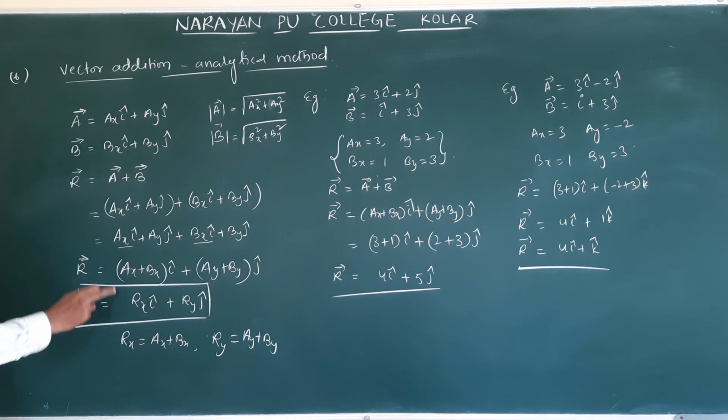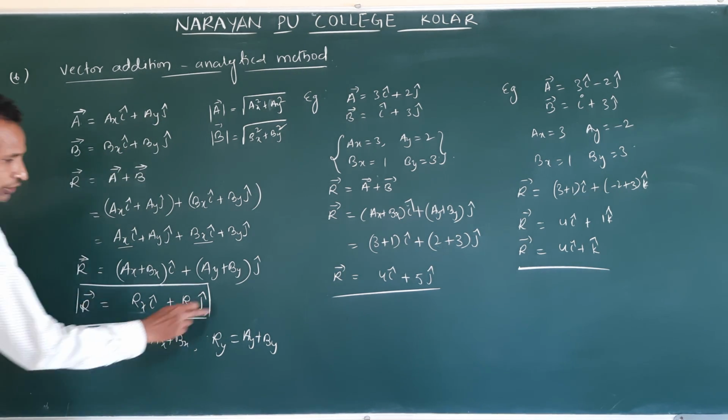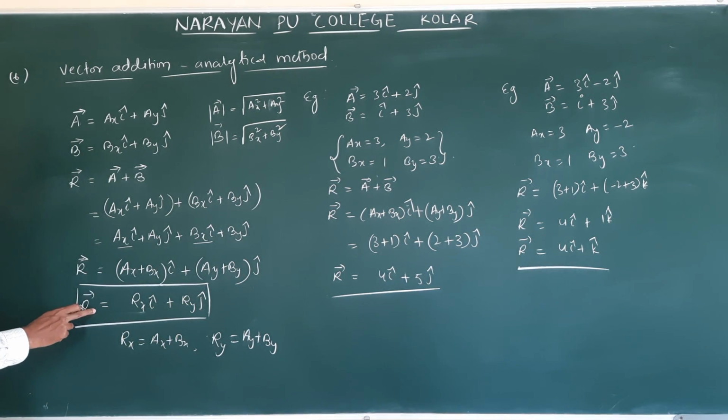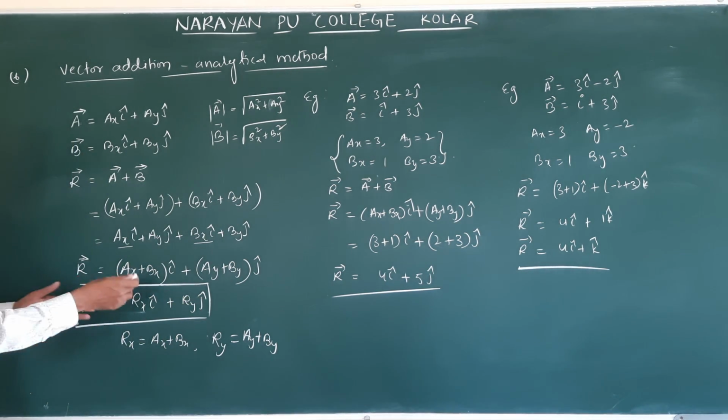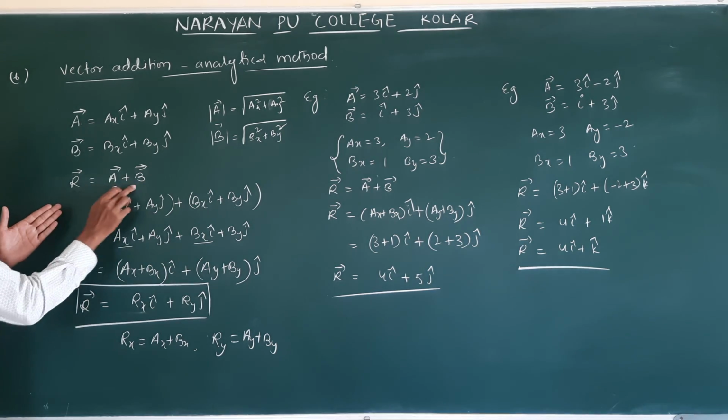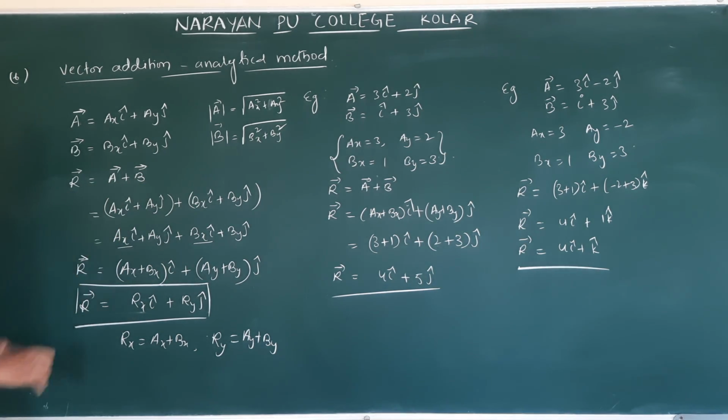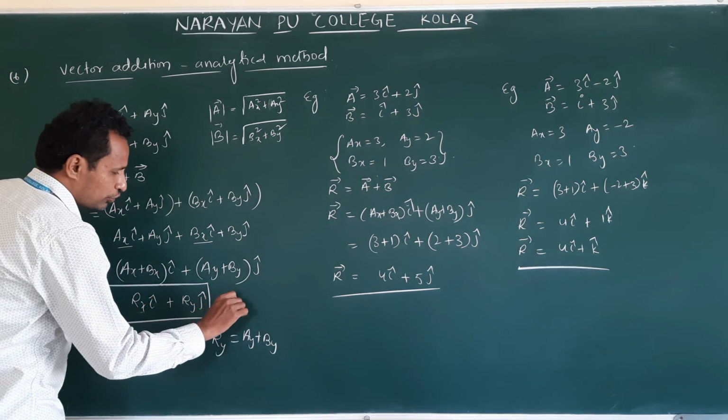If they ask after addition, what is the magnitude of the resultant vector? I mean resultant in the sense, what was the result here? Addition of A plus B. Understand?